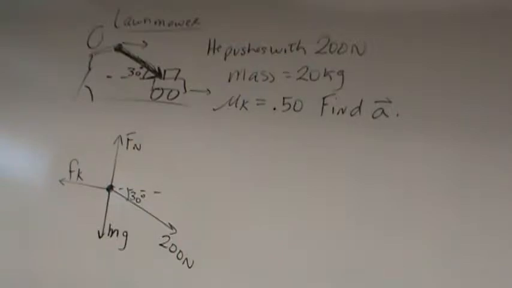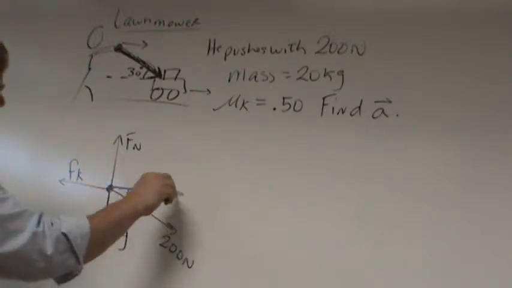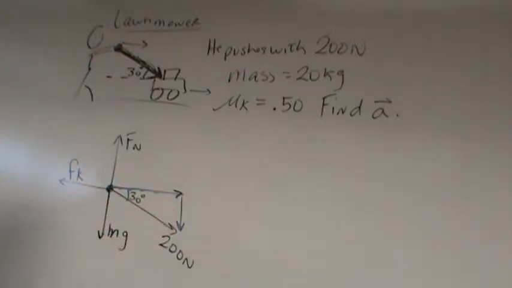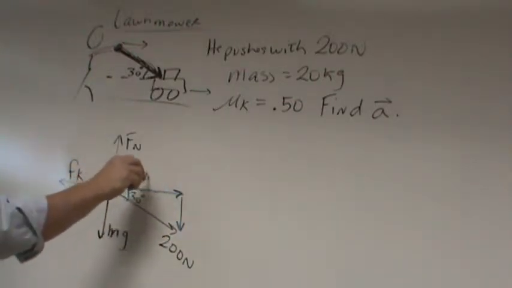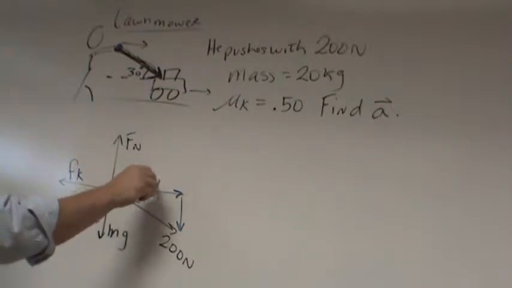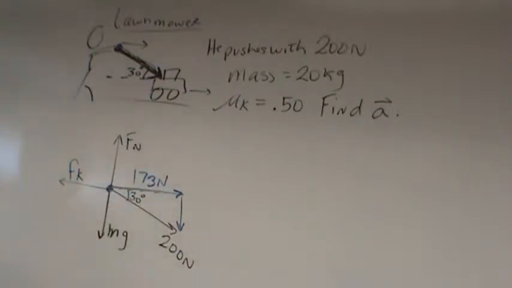You know what comes next, sum of the forces in the x direction, sum of the forces in the y direction. But you'll notice I've got this weird force at this weird angle. What would you recommend I do before I start summing the forces in the x and y directions? Thank you very much. X and Y components. And please note, I put arrowheads on my components.